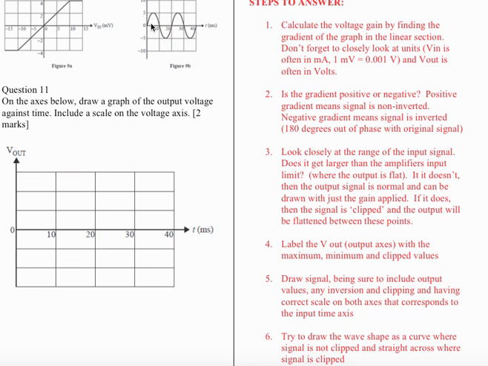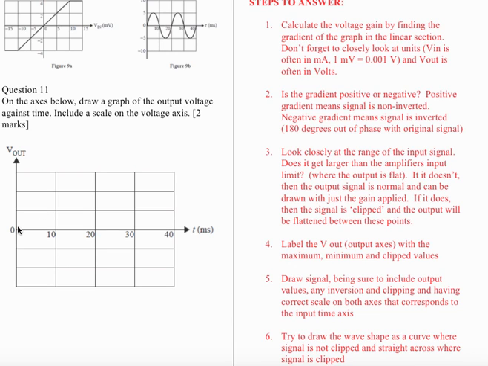In this case, the input signal is between 5 and minus 5 millivolts, so the peak input is 5 millivolts. And you'll see here from this graph, if the input's between minus 5 and 5, that's still within the linear range of the graph. So this particular signal is going to be non-clipped.